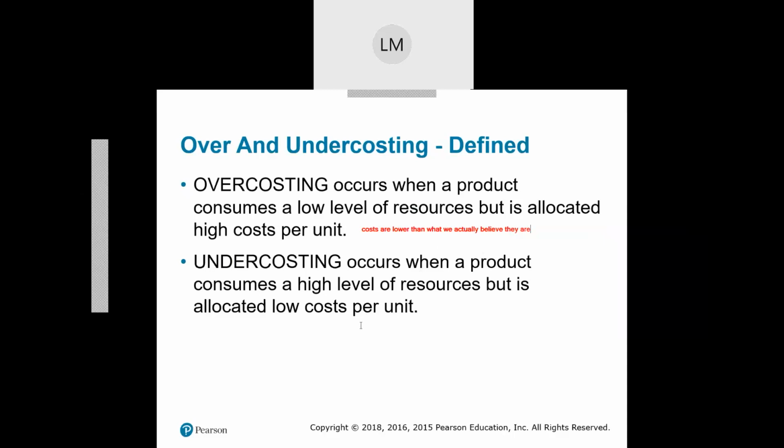So what is undercosting then? Undercosting occurs when a product consumes a high level of resources, but is allocated a lower cost per unit. So the costs in these are higher than what I actually believe they are.